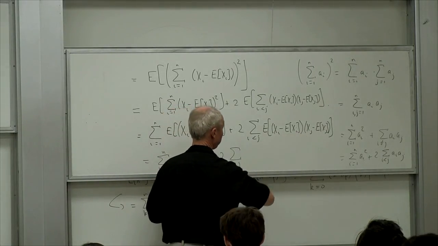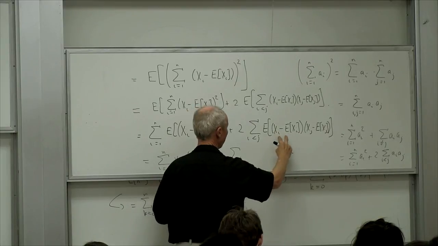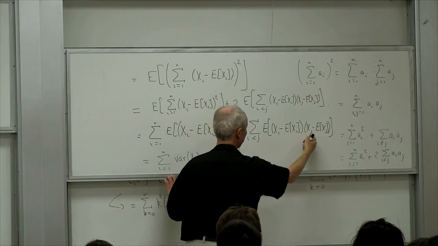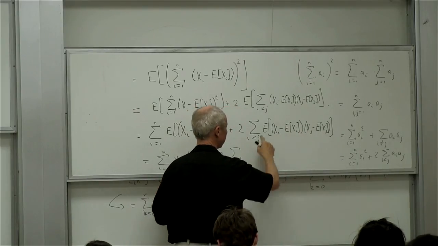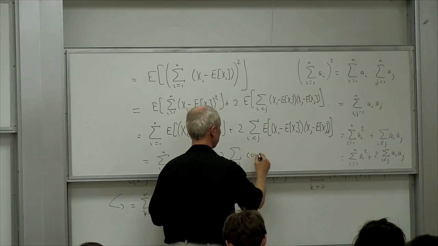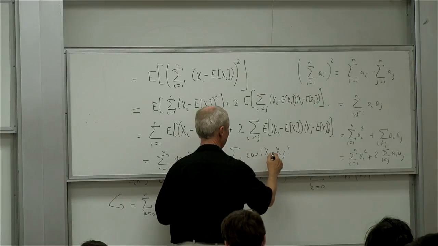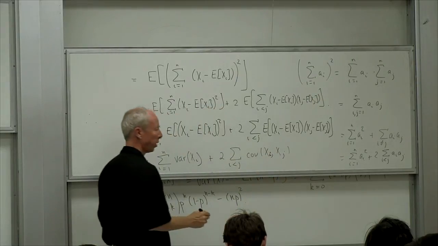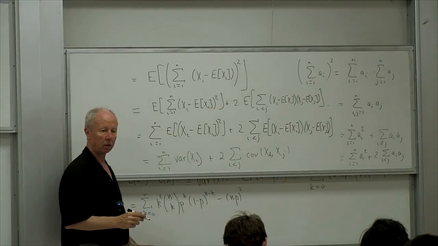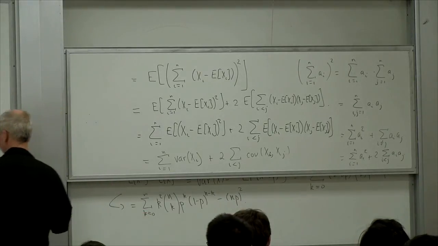What's this term? I have one random variable. I subtracted its mean. I have another. I subtracted its mean. I multiplied them together and took the expected value. That's the covariance of x_i and x_j. So what do we get?